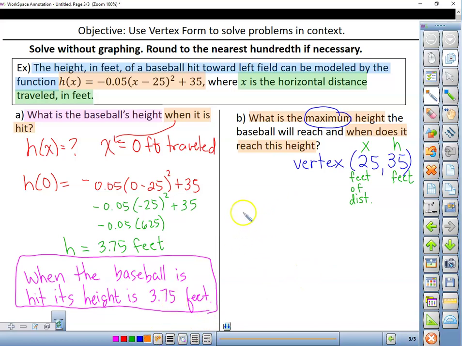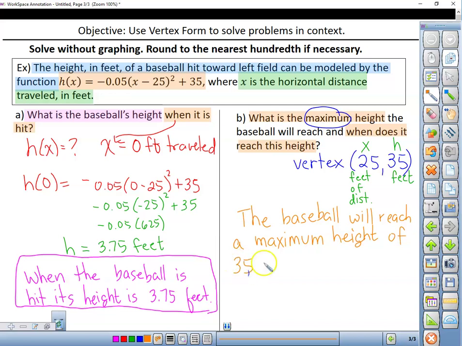So the baseball will reach a maximum height of 35 feet after traveling, or when it has traveled, 25 feet in distance.